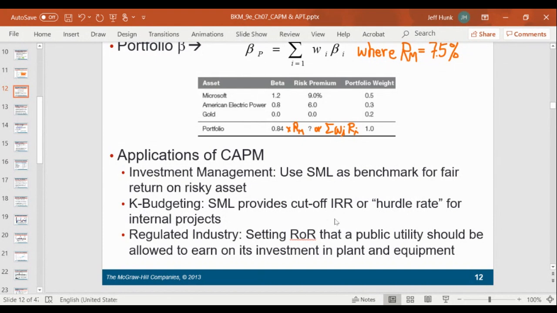The security market line provides a cutoff internal rate of return, or hurdle rate, for internal projects. The CAPM result is used as the benchmark, the cutoff point for the internal rate of return.